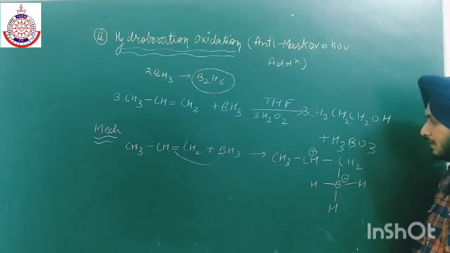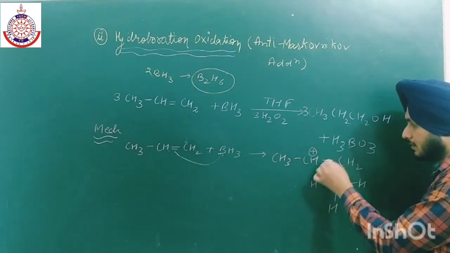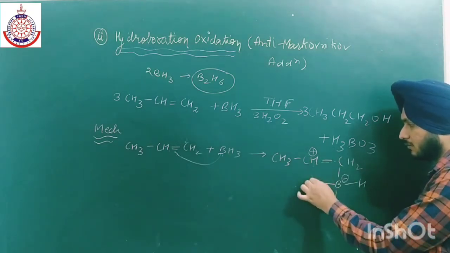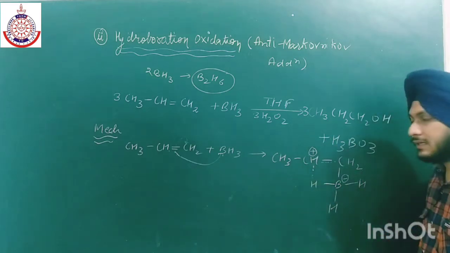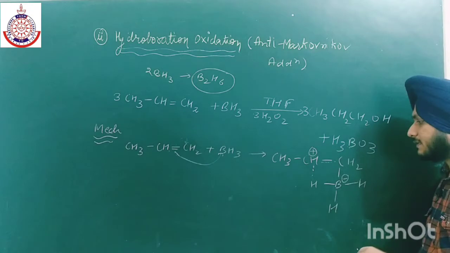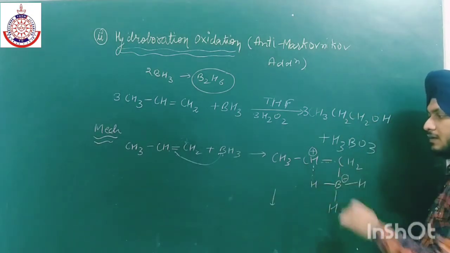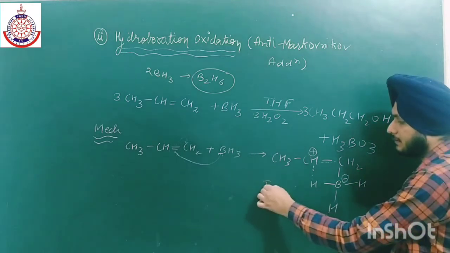Now this bond will start cleaving, and here this bond will start forming. The formation and the cleavage of bonds will take place simultaneously, and this will form a 4-membered ring. So this is the transition state.